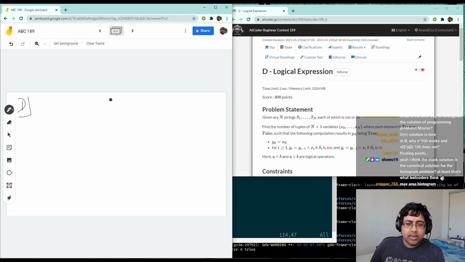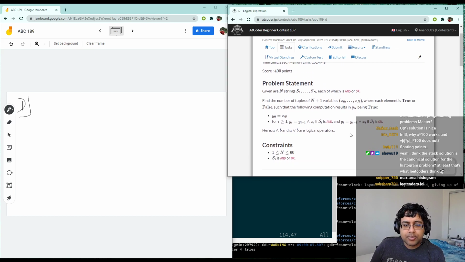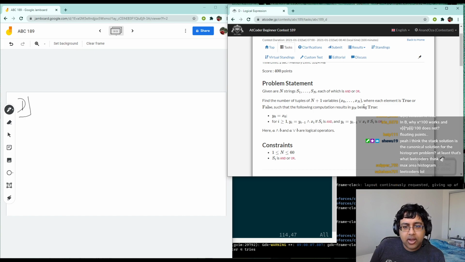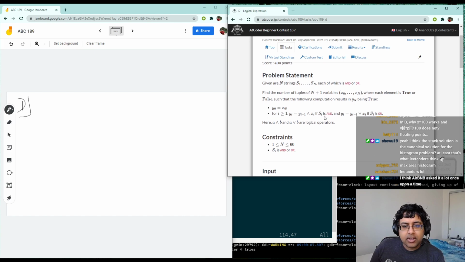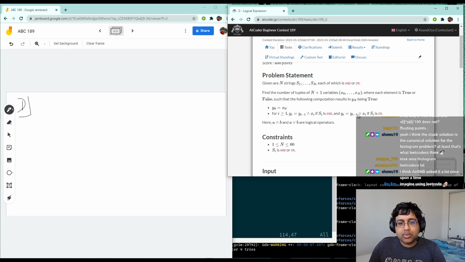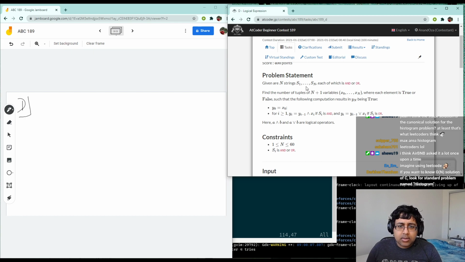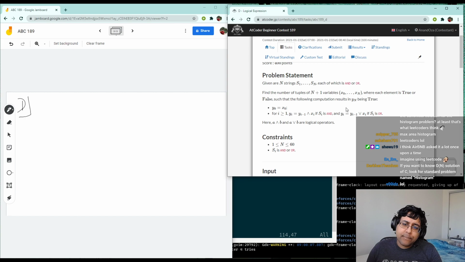Okay. So let's go over D. So D definitely had a bit of a complicated statement, but the idea is you give a list of operations, and they go from left to right instead of following order of operations, which definitely simplifies things. And let's see.